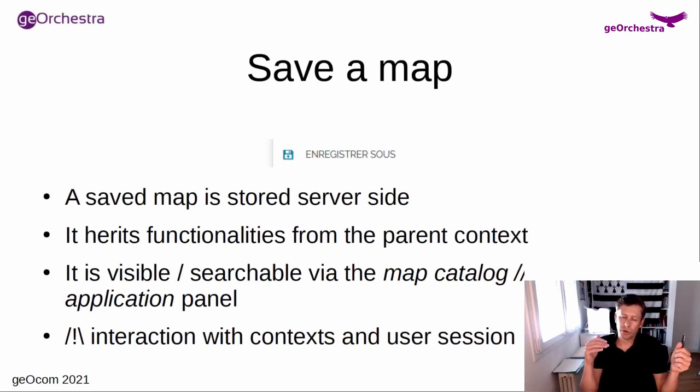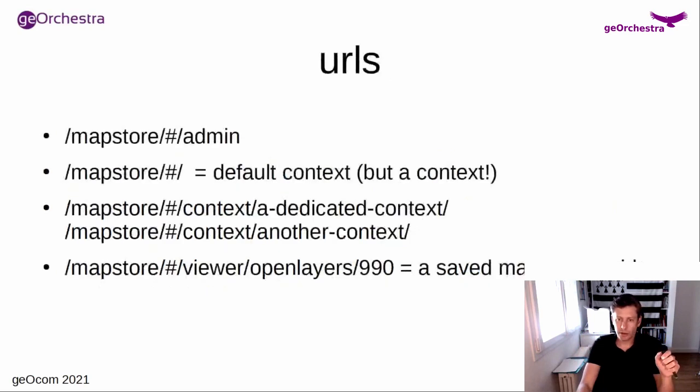We think you have to start with few functionalities, test, and add functionalities little by little. What about URLs? Yes, the third point is when you save a map server side, the kind of URLs change.